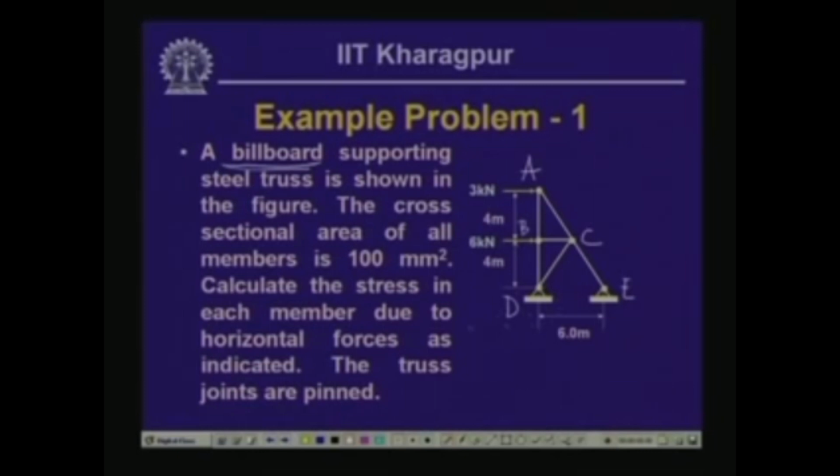So, what we need to do is first evaluate the forces in each member, and once we can compute the forces in each member, since the members are pin jointed, we will have axial forces in each member, and this axial force divided by the cross sectional area will give us the stress, and that is what we are interested in.